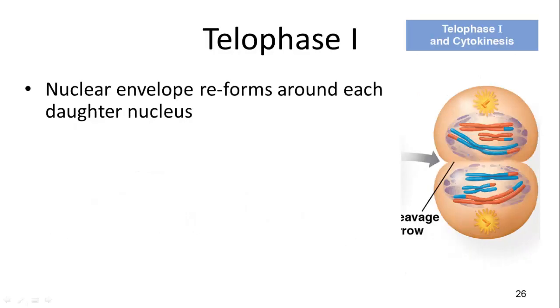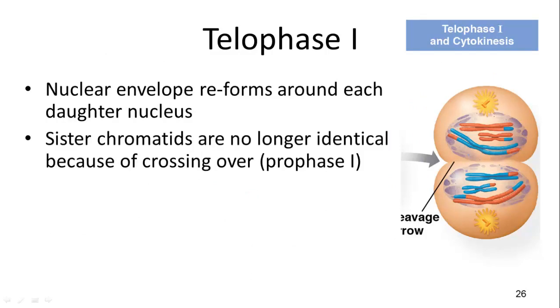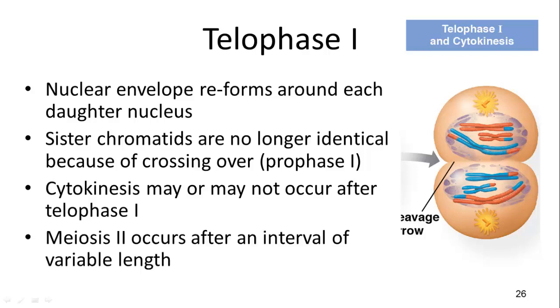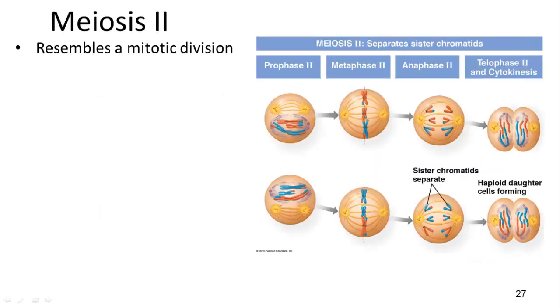In telophase 1, the nuclear envelope reforms around each set, and then cytokinesis occurs as the cleavage furrow separates the two. They are no longer identical. Now you have 2 sides of the cell which are different. And then meiosis 2 will occur after some interval of length.